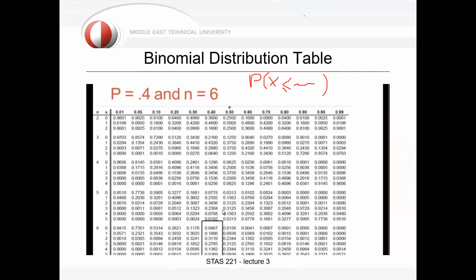Say I'm interested in finding this answer from the table, but everything is in cumulative format. What can I do? Here I can consider x less than or equal to 1 minus x less than or equal to 0.